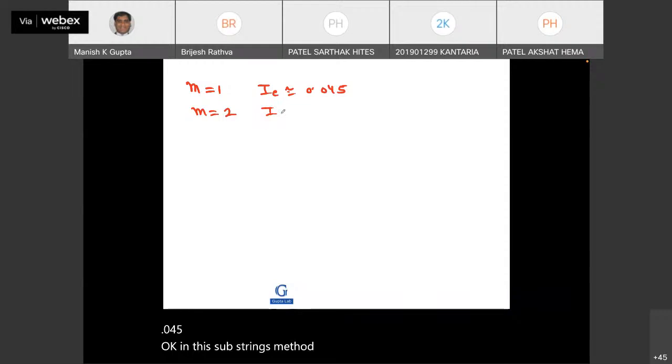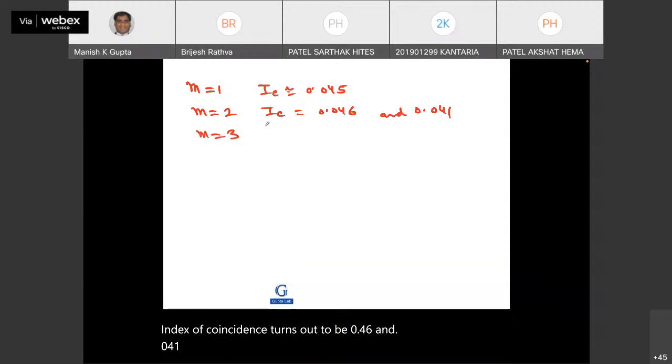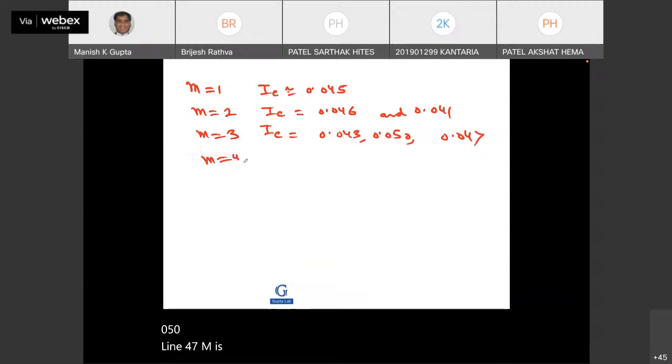If m is equal to 2, the index of coincidence turns out to be 0.046 and 0.041. For m equal to 3, IC turns out to be 0.043, 0.050, 0.047. For m equal to 4, IC turns out to be 0.042, 0.039, 0.045, and 0.040.